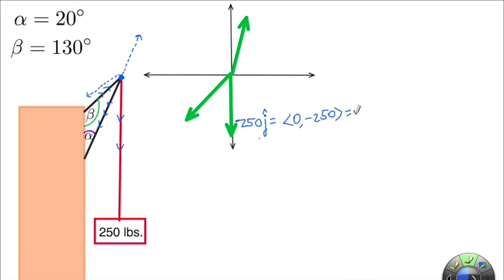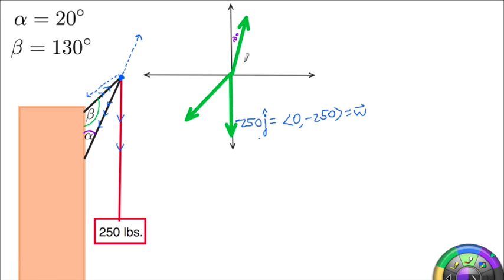So I'll call this the w vector, why not, for weight. The problem with these other two vectors is I really don't know much about them, but I do know their angles. So let's talk about alpha here. Alpha is 20 degrees, and it's literally between the building and the post itself. So this angle here is 20 degrees.